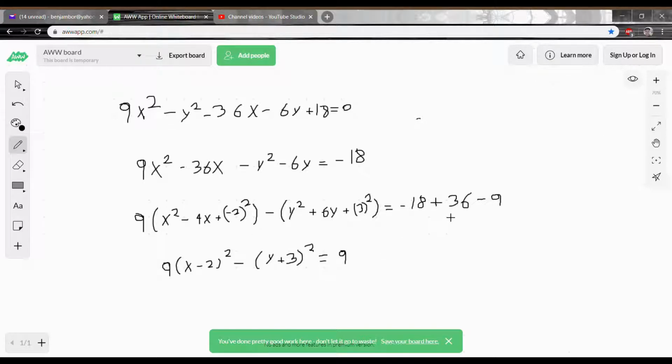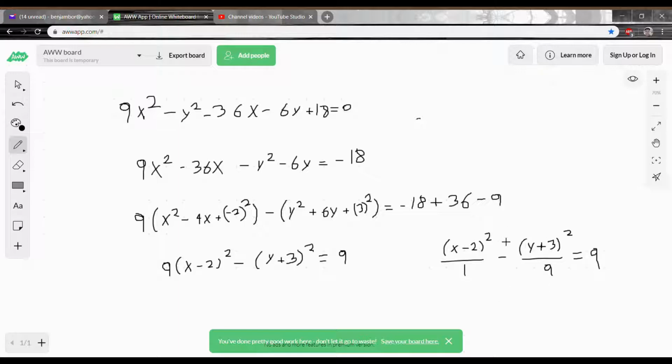The final step is making the constant side of our equation equal to 1. To do that, we're going to divide everything by 9. So the 9 over here is going to cancel. That's going to leave us with x minus 2 squared over 1, minus y plus 3 squared over 9 is equal to 1.